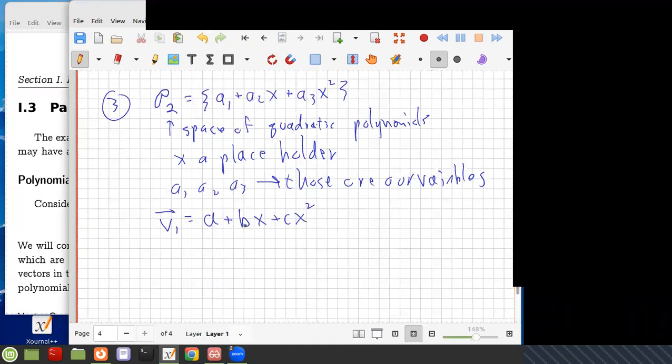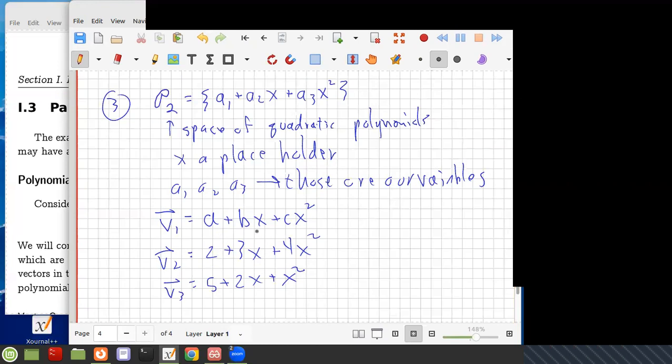So our variables here are A, B, and C. X is just going to be fixed. So this is one polynomial. Here's another one: 2 plus 3x plus 4x squared. Here's a third polynomial, 5 plus 2x plus x squared. So each of these is a different polynomial.